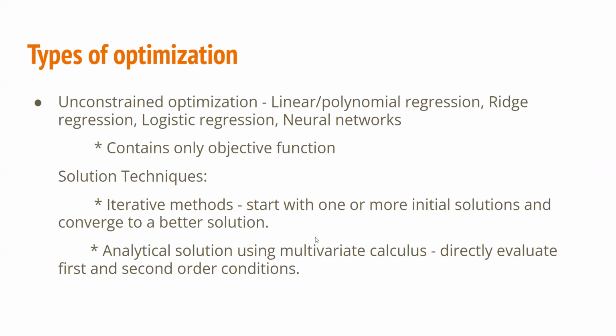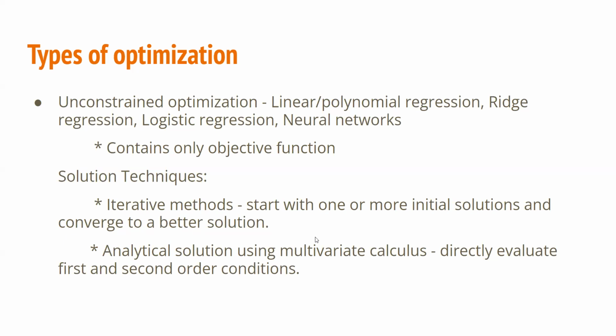Now, there are two types of optimization available. First is unconstrained optimization, and another is constraint optimization. So what is unconstrained optimization? As the name suggests, there will be no given constraints available within this kind of optimization problem.